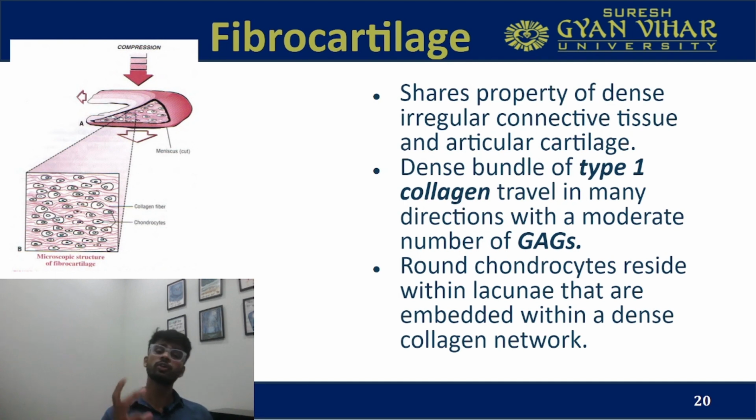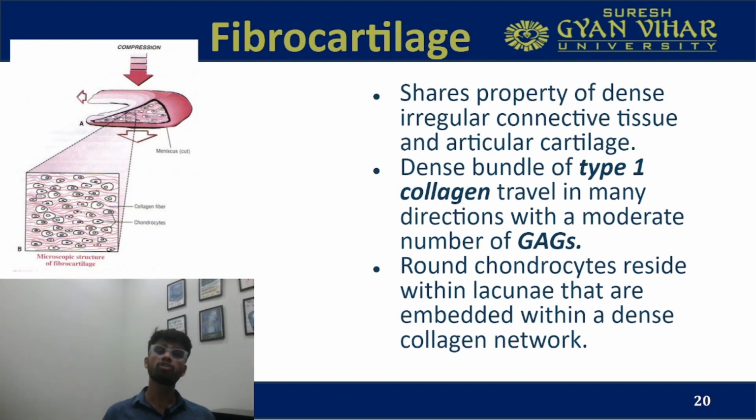So type 1 collagen fiber is present in fibrocartilage to provide stability from multiple directions. GAGs were large in number in articular cartilage; they are also present in fibrocartilage, but their number is moderate, not as increased as compared to articular cartilage.